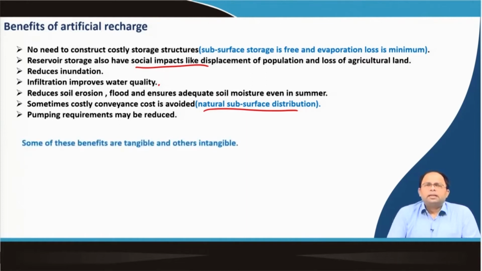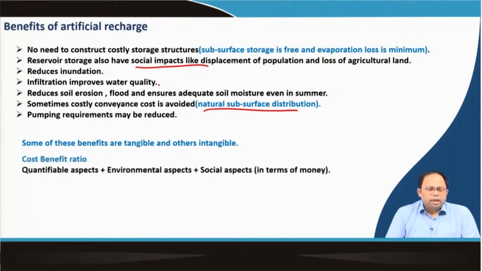And as we know, whenever we are evaluating any kind of project related to groundwater recharge, some of the benefits are going to be tangible and some others will be intangible. We will talk about this later also. And usually for the cost benefit analysis of this kind of project, we need to understand that the quantifiable aspects have to be put in, plus the environmental benefits and the social aspects have to be considered in terms of money.